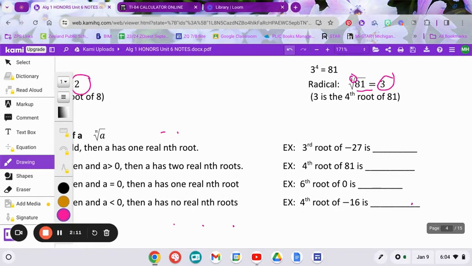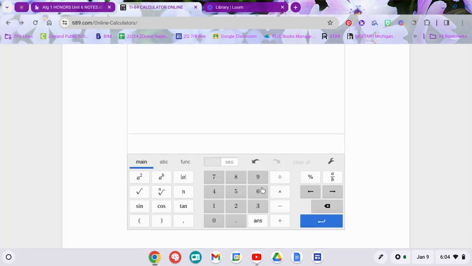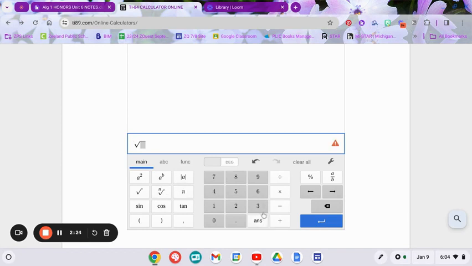With this, we can go into our calculator. And all of these, you can use your calculator. So we want to do the third root of negative 27, and that is negative 3.